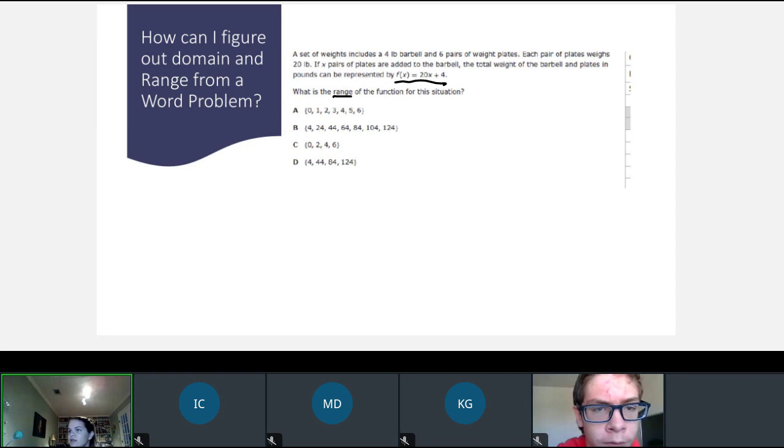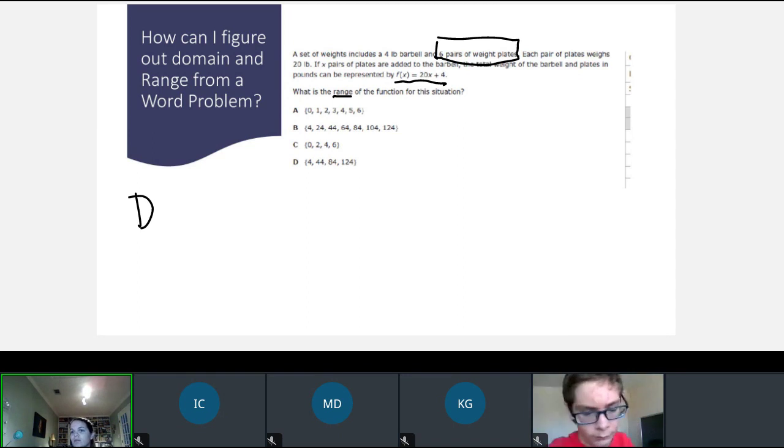Okay, so the 6 pairs of plates, that represents our domain. That's what we change. We change how many pairs of weight plates we put on, which then changes the total weight, which is our range.